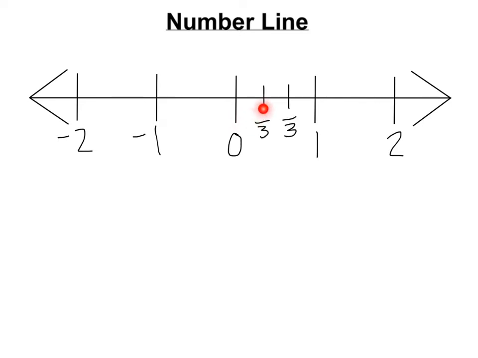This first tick mark is 1 space beyond 0, and then the second tick mark is 2 spaces, so 1/3 and 2/3. Likewise, if I split the space between 1 and 2 up, this would be 1 and 1/3, and this would be 1 and 2/3.